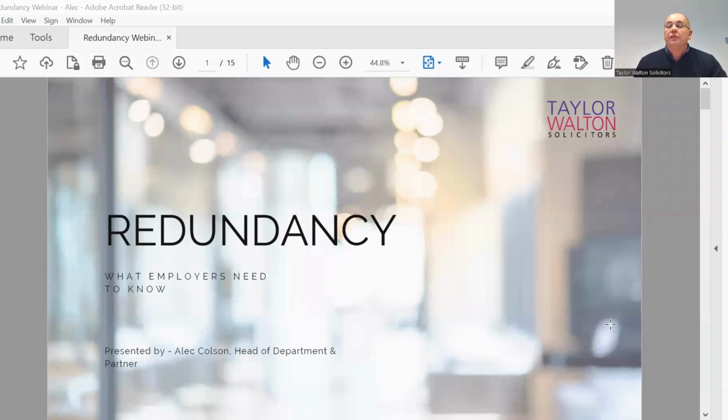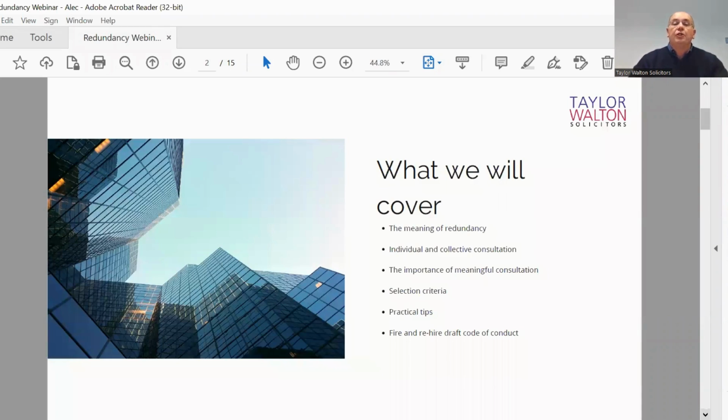What we're going to do this afternoon is cover the essentials of redundancy. So we'll be covering the meaning of redundancy, and as you will see shortly, redundancy has a statutory meaning under the Employment Rights Act.